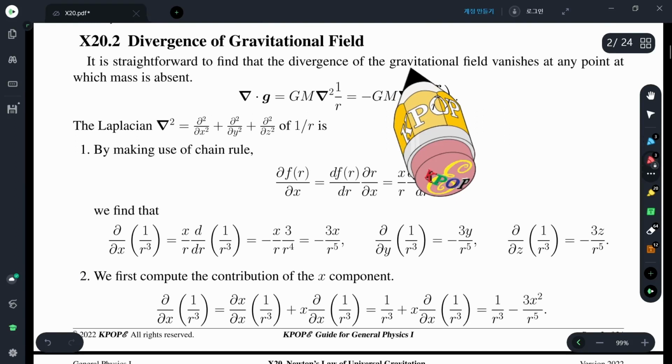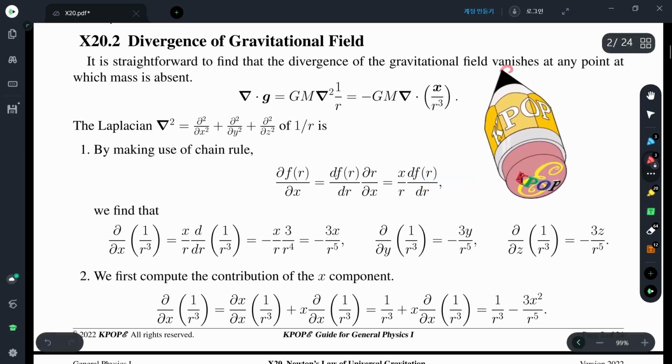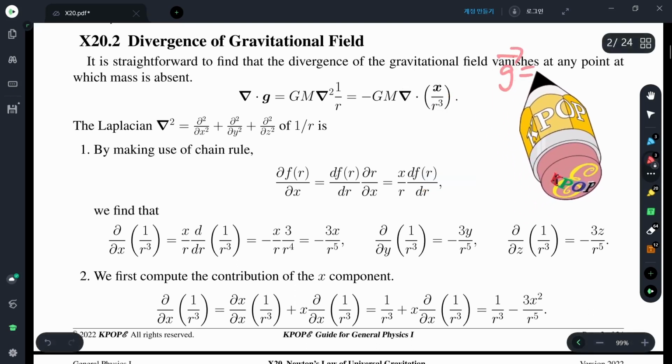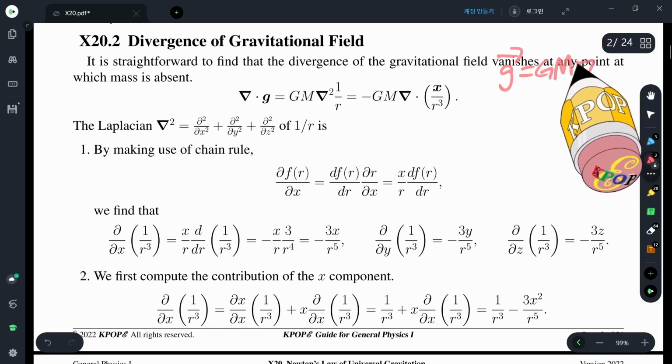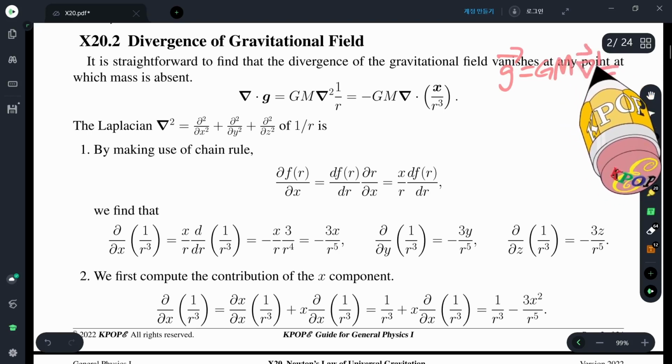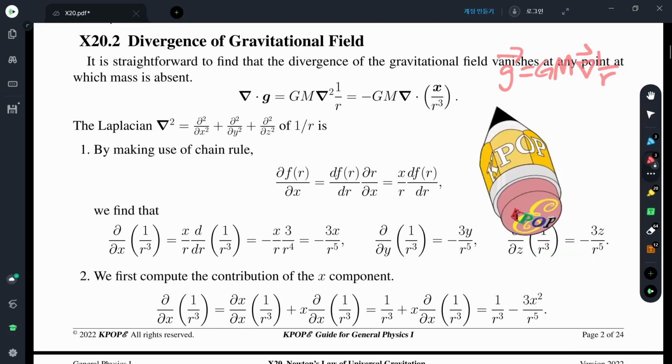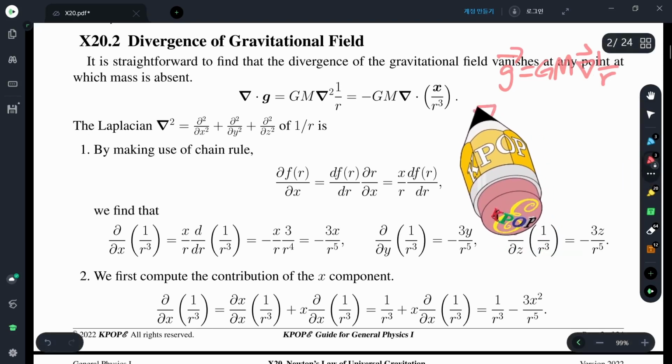Why don't we apply this result to consider the divergence theorem? Because g is GM gradient of 1 over r, what happens to the divergence?